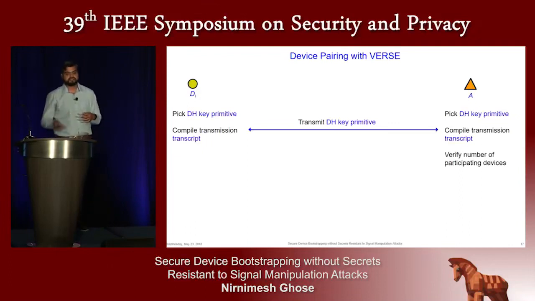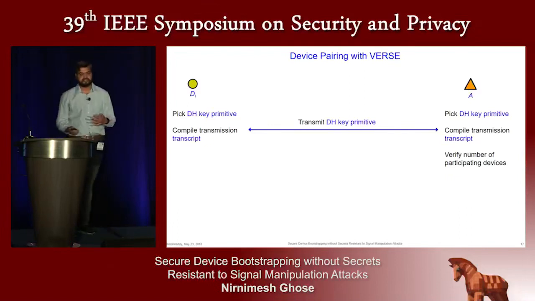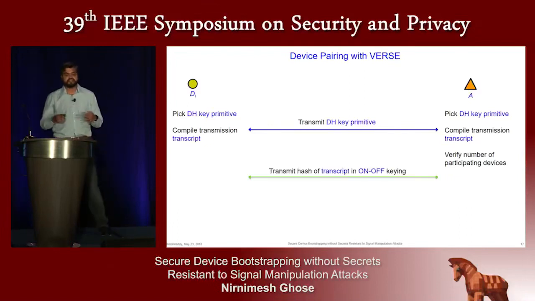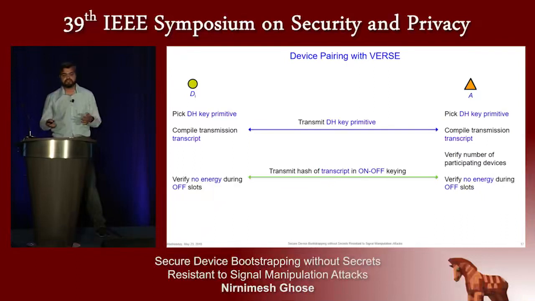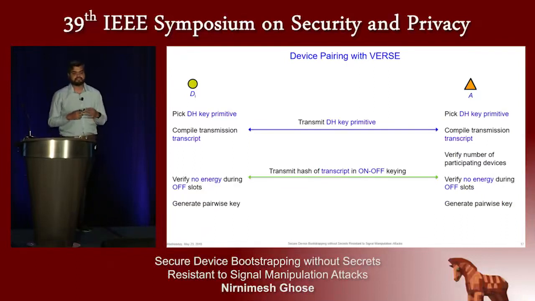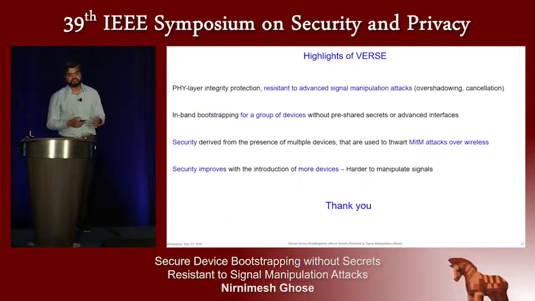After verifying the number of participating devices, A will synchronize all the devices, and they will transmit synchronously the hash of the transcript in on-off keying. During this transmission, each party will verify that there is no energy during off-slots. After this, they will generate a pairwise key, and further they can generate a group key if required.